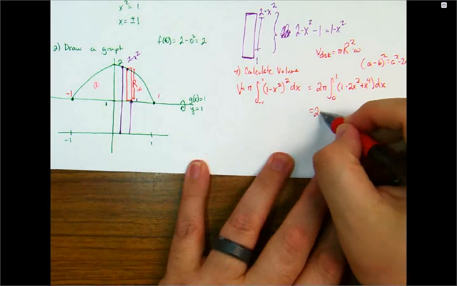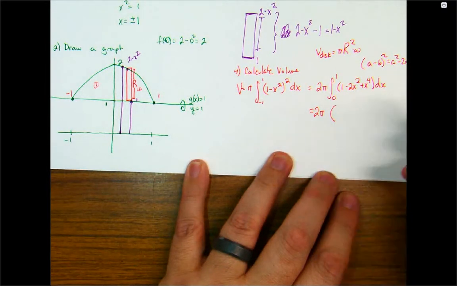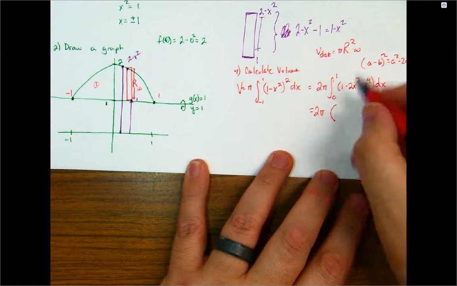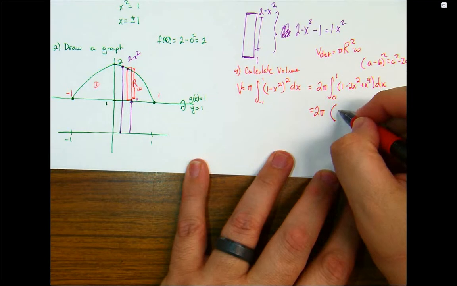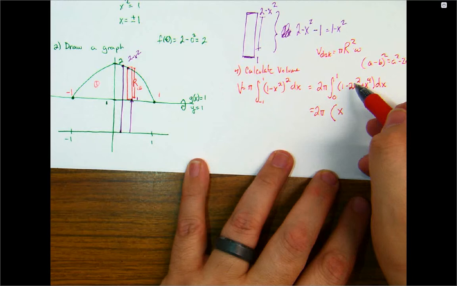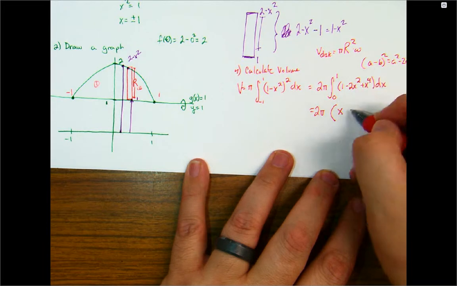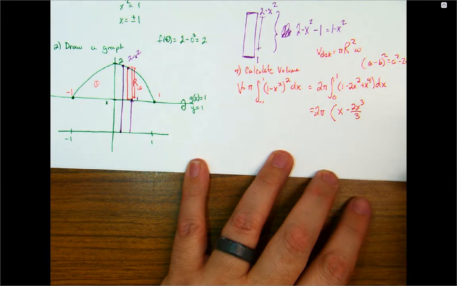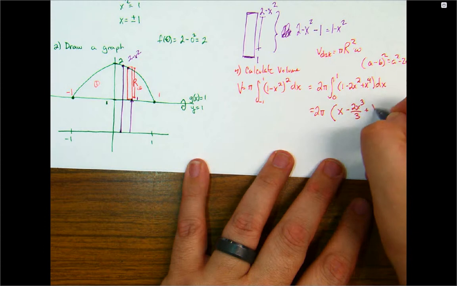All right, what's the integral of 1? X. What's the integral of negative 2x squared? Negative 2x cubed over 3. And then the last one's going to be x to the 5th over 5. And we're going to go from 0 to 1.